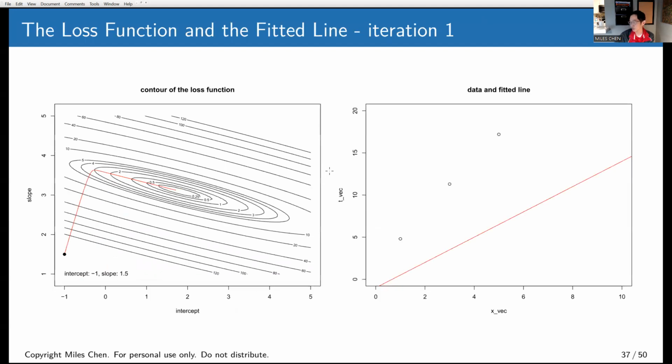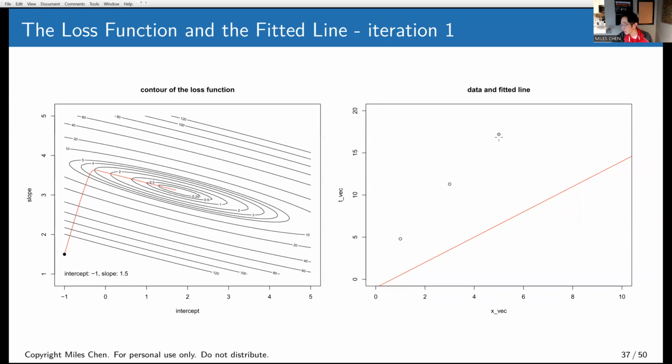So let me show you. Here, my starting location was an intercept of -1 and a slope of 1.5. Remember, my actual values are at x equals 1, 3, and 5.